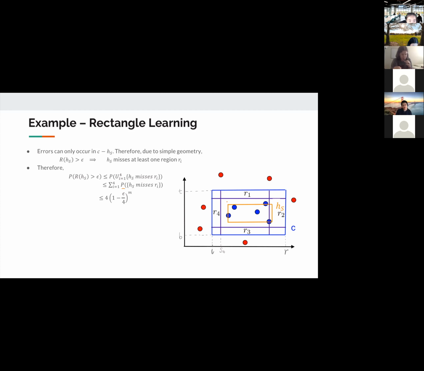So the probability of HS misses Ri, what is this event?